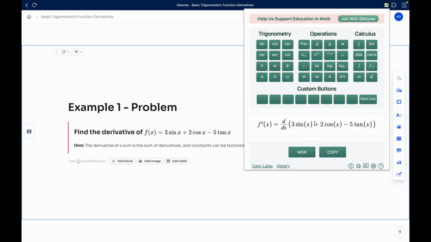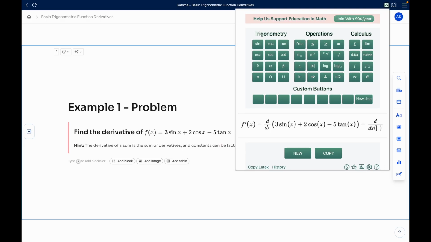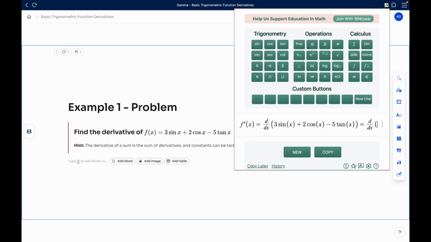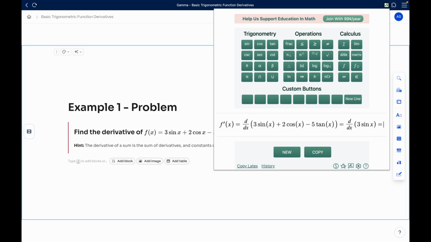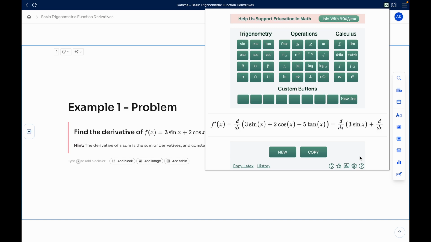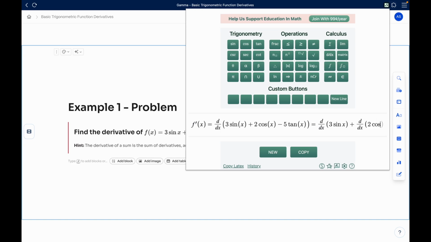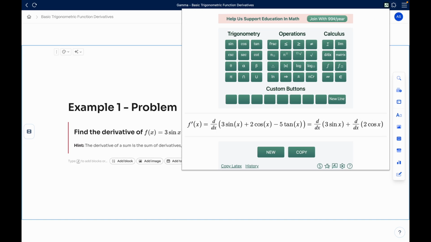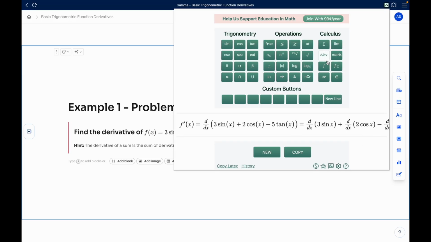Now, one of the derivative identities is that if we have plus or minus, we can split that up into different derivatives. So this is equal to d divided by dx of 3 sine of x plus d over dx of 2 cosine x minus d by dx of 5 tangent of x.